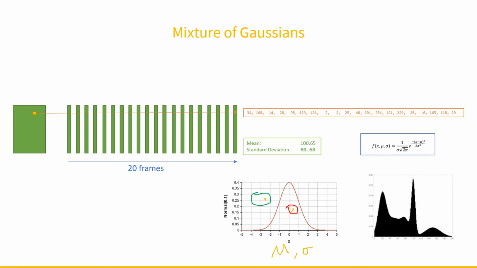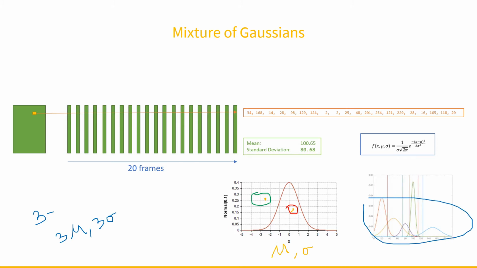One pixel will have as many mixtures as we want, with that many mu's and that many sigmas. If I need 3 mixtures of Gaussians, then I need 3 mean values and 3 sigma values to represent the pixel arrangement.